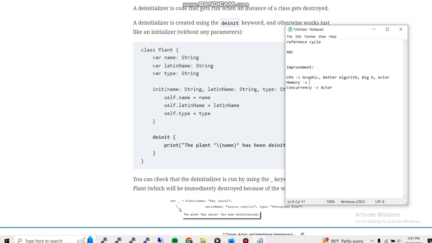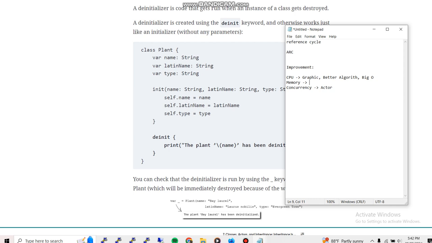It means concurrency. But just to not confuse, I'm going to remove it. When we talk about memory, it points to this specific thing. Memory is very useful, like graphics, algorithm, Big O, right?